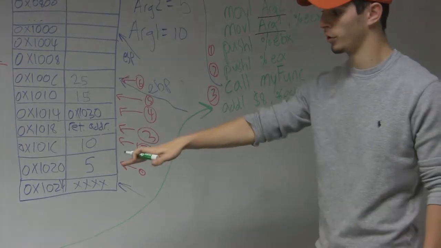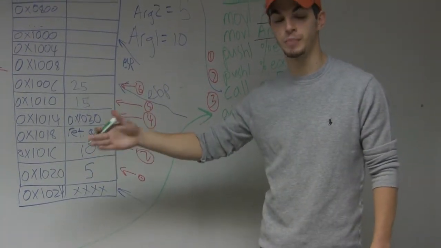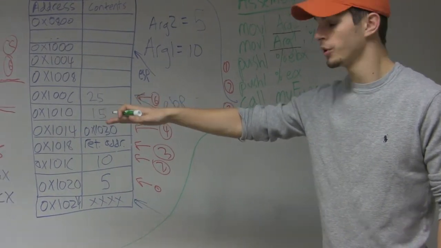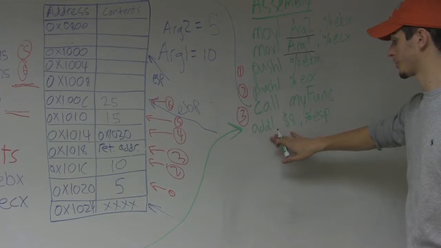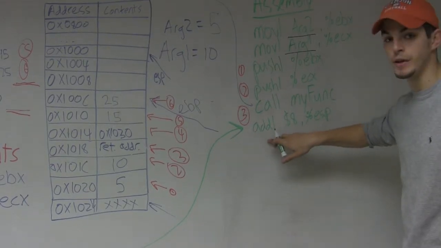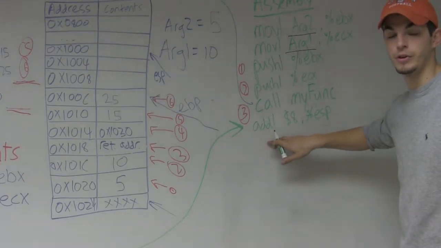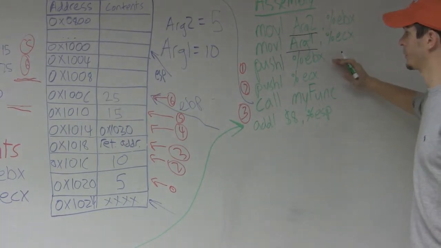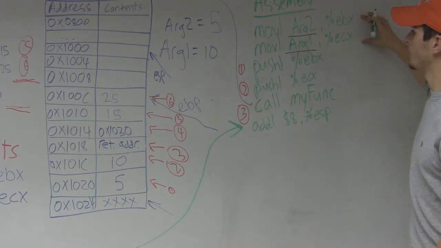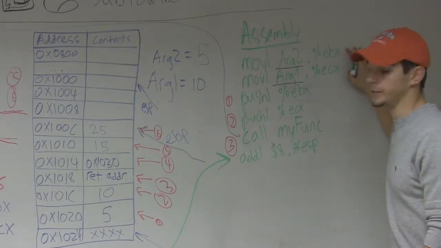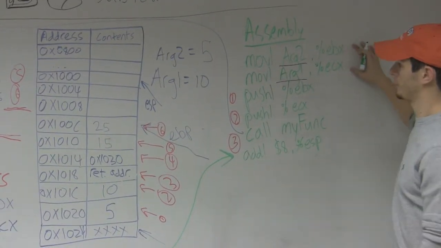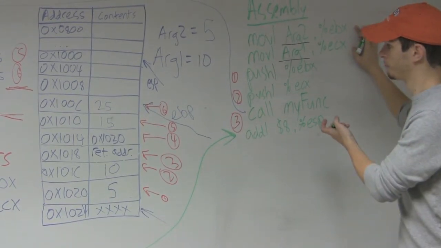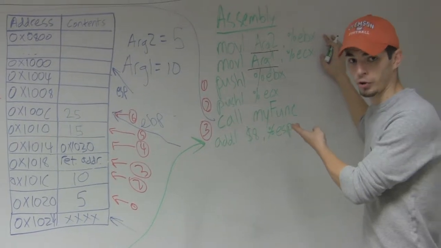And just as the epilogue restores the space allocated in the prologue for the local variables, this instruction restores the space allocated for the variables that were set up before the call of the function, aka these two integer-valued arguments, 4 bytes each, 8 bytes total, that were allocated space in the caller function.